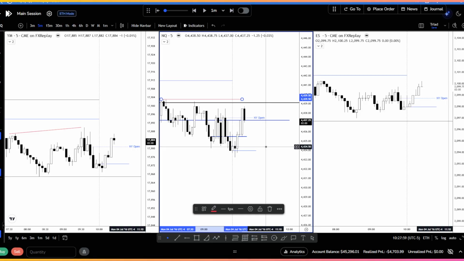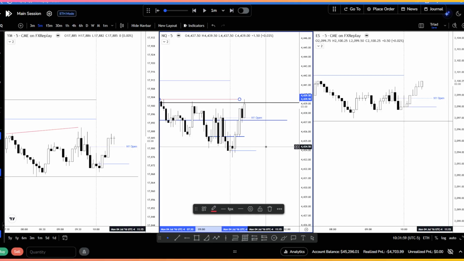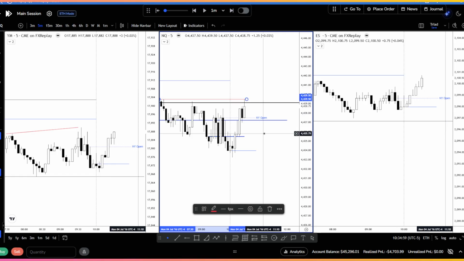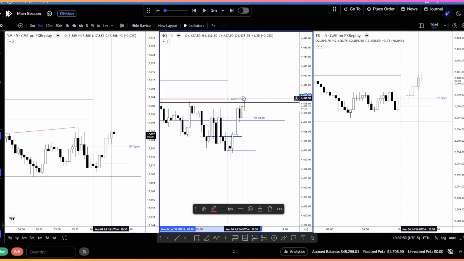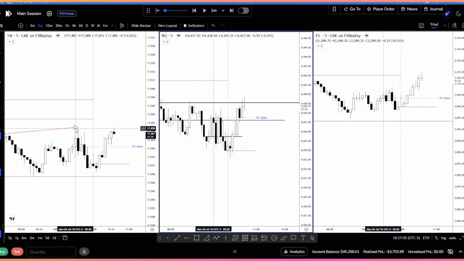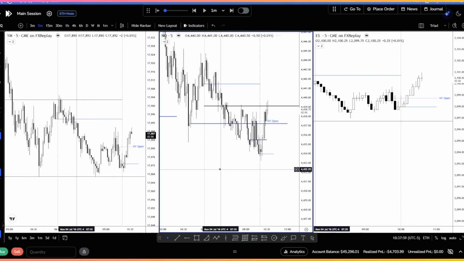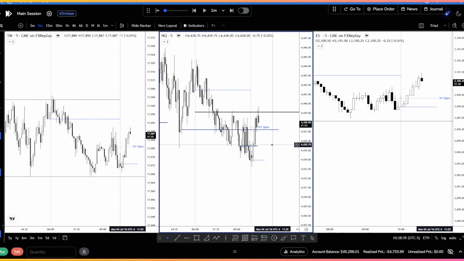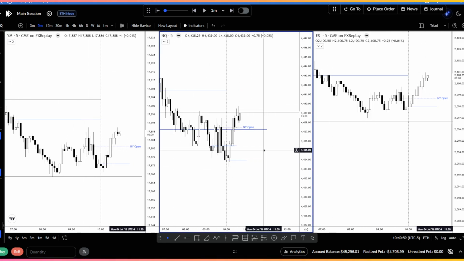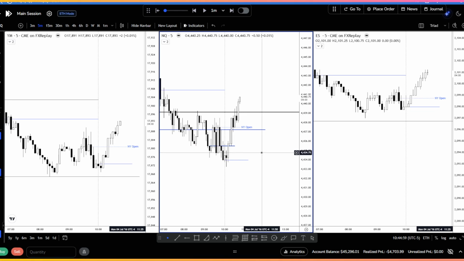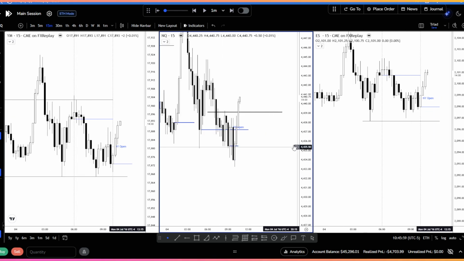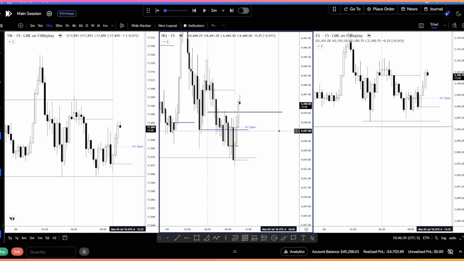Currently going towards that EQ of the range and tapped inside that range, and okay, SMT is gone now. Okay, let's see if we get this C2 closure around here. We don't, and it's not respecting the EQ of the previous candle anymore.